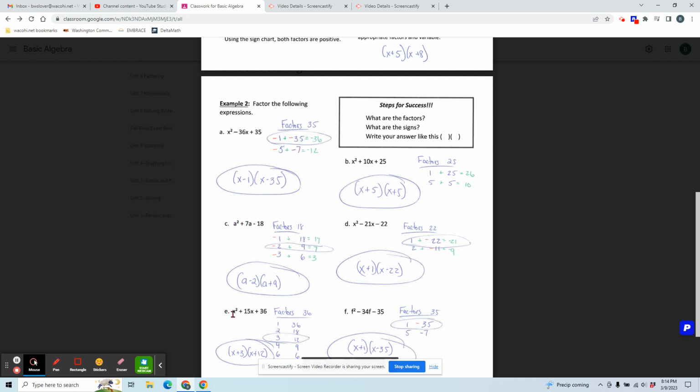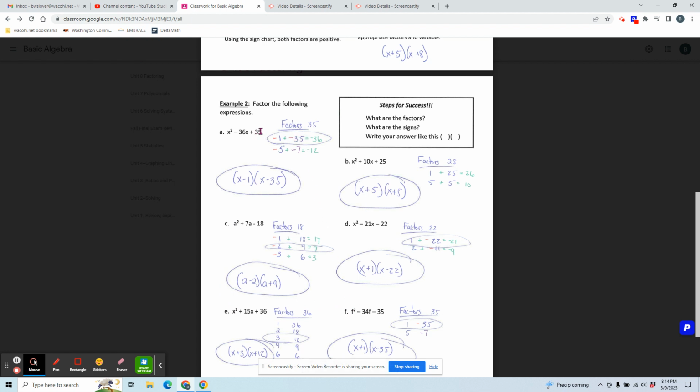So in front of every squared term, in front of every quadratic term, there is a 1. If your coefficient is not a 1, we're going to have to slightly change our steps for success. But for today, all of these have a coefficient of 1. So these steps will work for all of them.